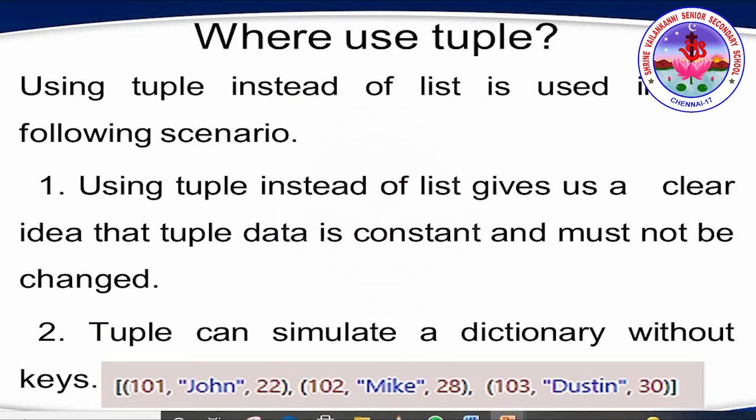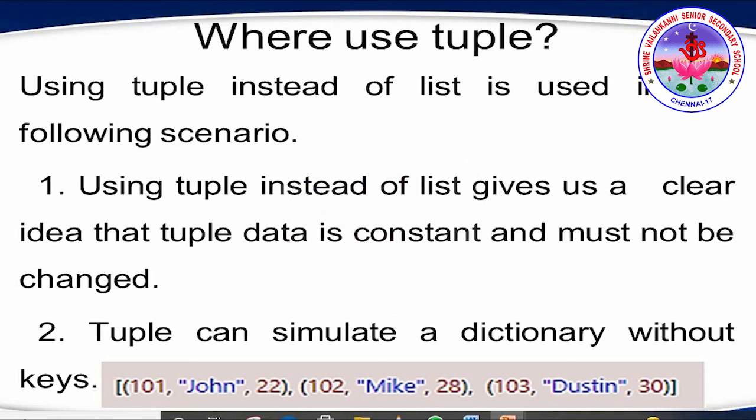So where do we use this tuple? We use tuple instead of list, which gives a clear idea that tuple data is constant and must not be changed. So wherever the data is not supposed to be changed, we use tuple. Then tuple can simulate a dictionary without keys. Wherever we don't require a key, we go for tuple.